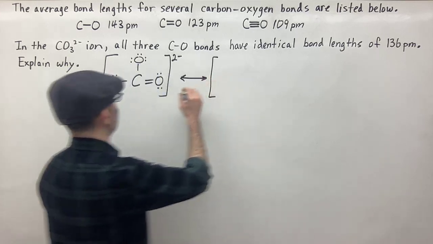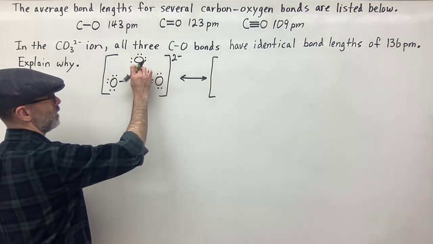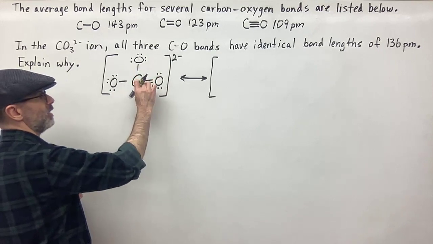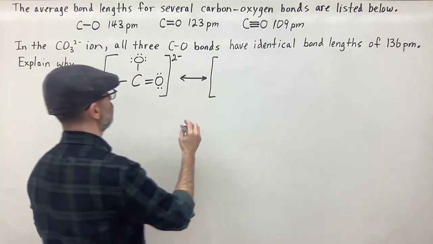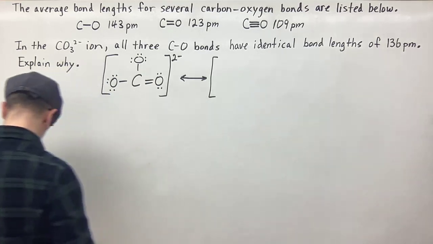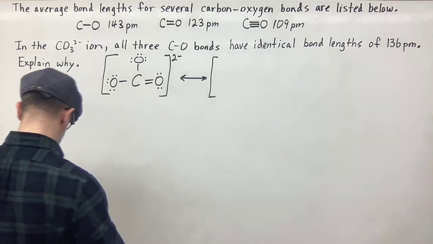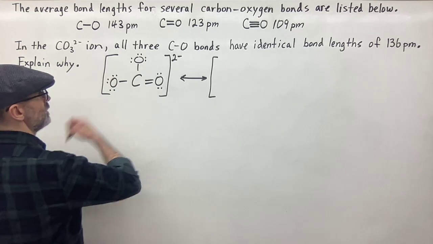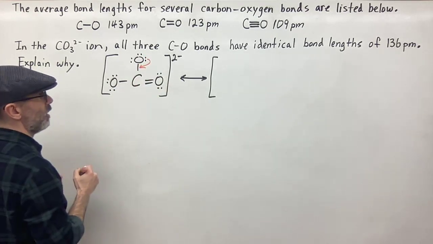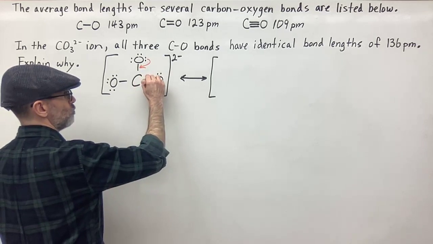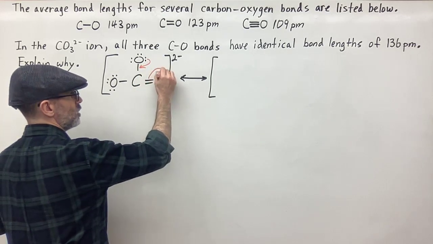So if we bring the electrons down and create a double bond here, then the electrons in this double bond will go onto this oxygen, right? So I can take these electrons, go that way, and then the electrons in the bond here could go here.